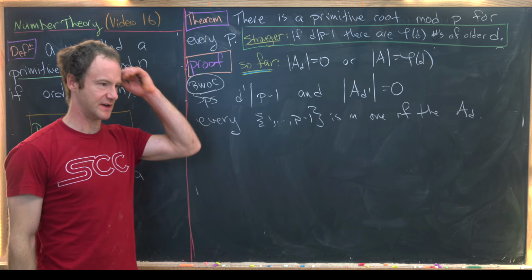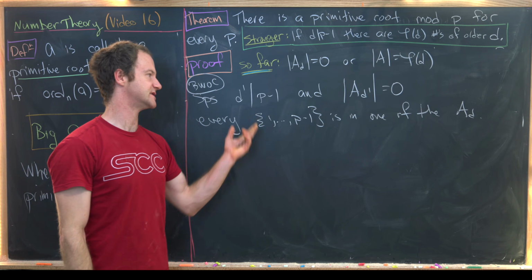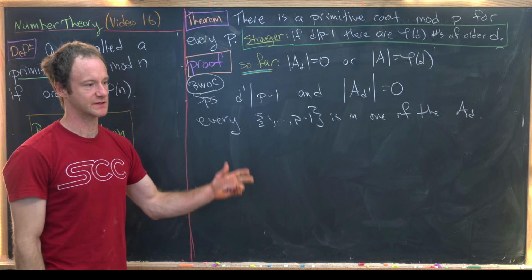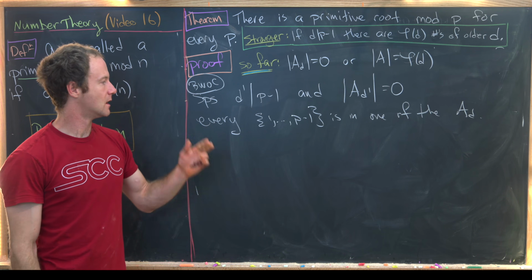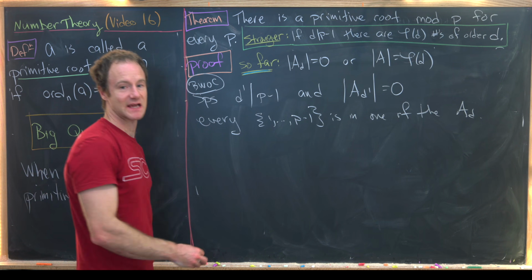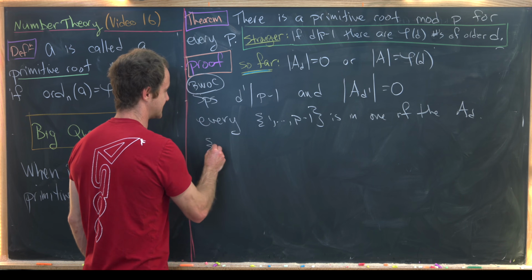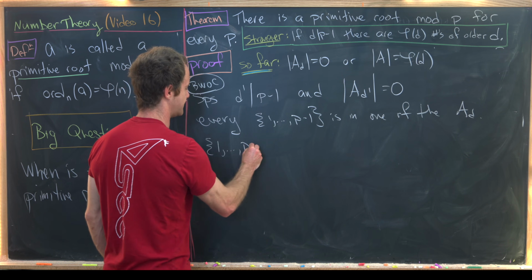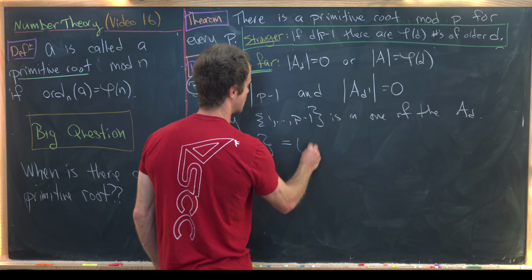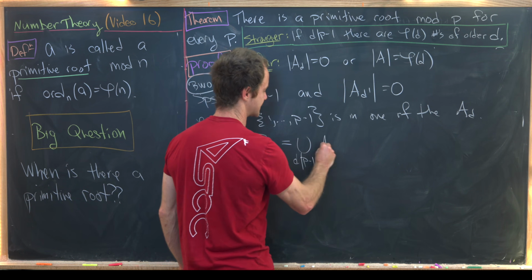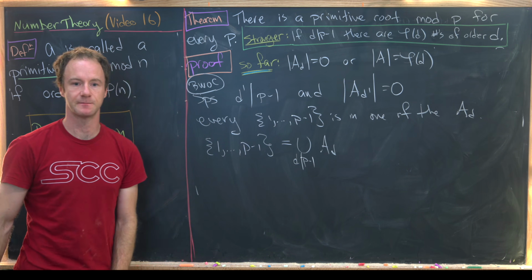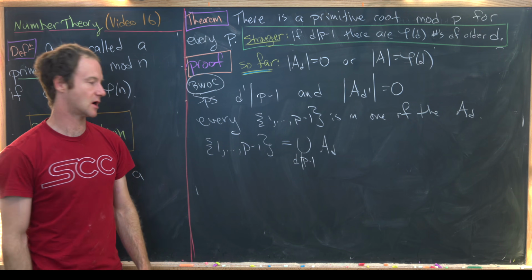So that's by the definition of A sub d. All of these numbers have an order mod p, so that means they've got to be inside of one of those. Okay, nice. But that tells us that the set containing 1 up to p minus 1 is actually equal to the disjoint union over all divisors of p minus 1 of A sub d. That actually is going to set up our contradiction.